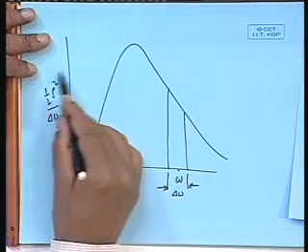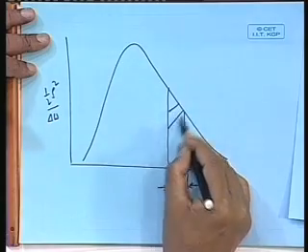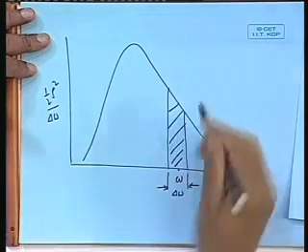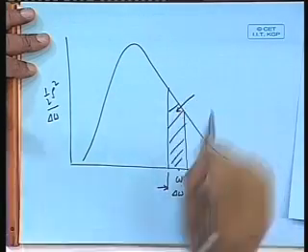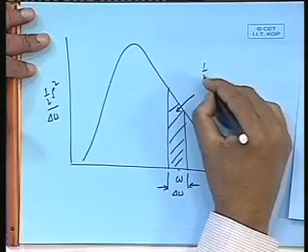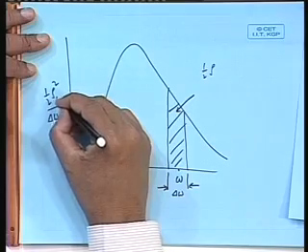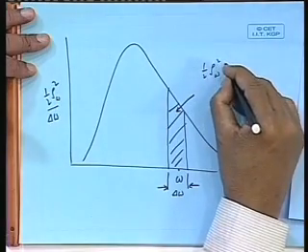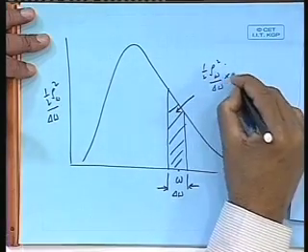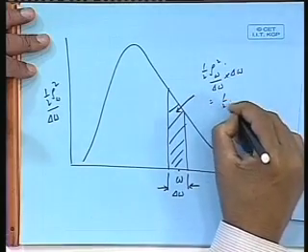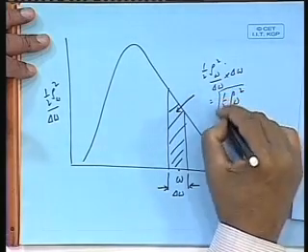Now, if I plot this, what does this shaded area imply? This area would be half xi omega square divided by delta omega into delta omega, which is going to be half of xi omega square.